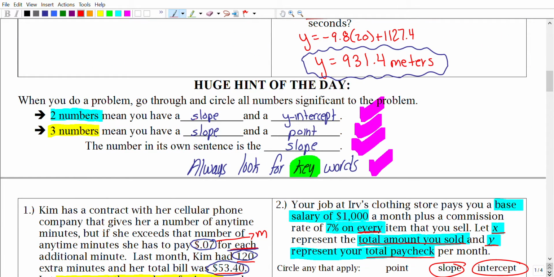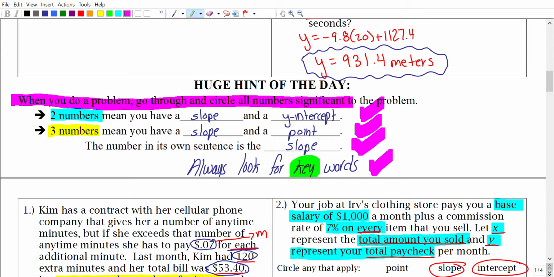If you see two numbers, it's probably slope and y-intercept. If you see three numbers, then it's probably the slope and a point, okay? And the number that is all on its own in a sentence is the slope, and you should always look for the keywords, okay? So this is the main part when solving all of these problems. Go ahead and identify all the values you were given, and then go through this checklist to identify what you need to do next, okay?